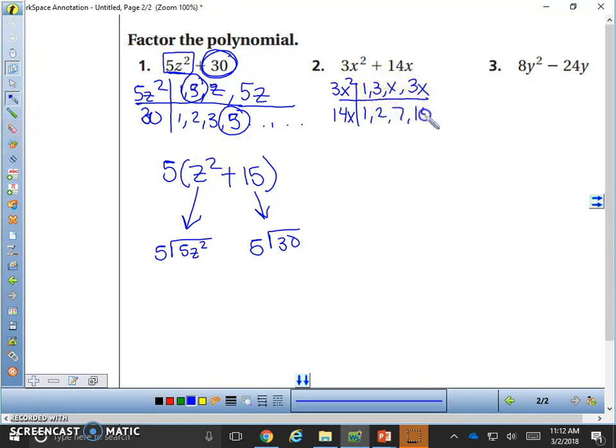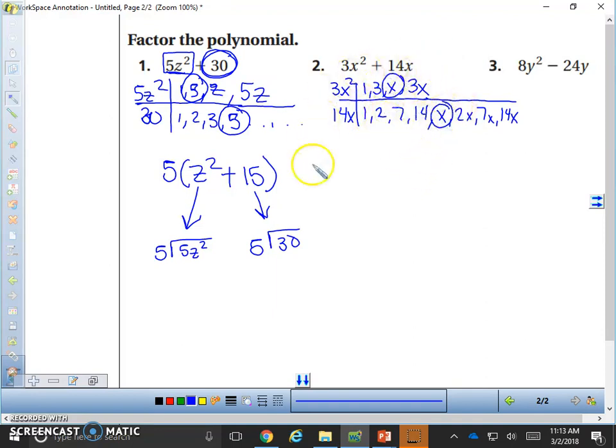7, 14. Now I'm going to rewrite all of these with x because x exists there too. So 1x, 2x, 7x, and 14x are all factors that go into 14x. What's their biggest one? It's the variable x.